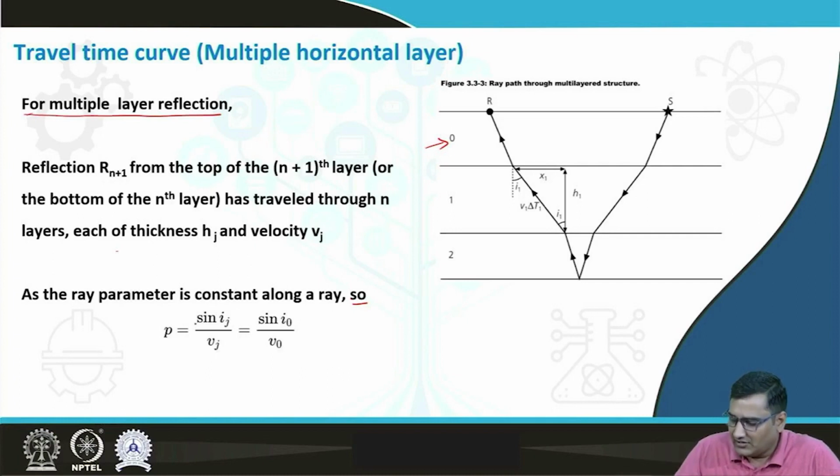So if you consider the first layer and relate it to the jth layer, since a single ray is traveling from the first layer to the jth layer, the ray parameter should remain constant. So P will be equal to sin ij by Vj, that will be equal to sin i naught by V naught.